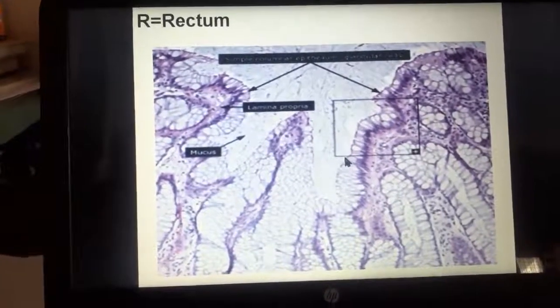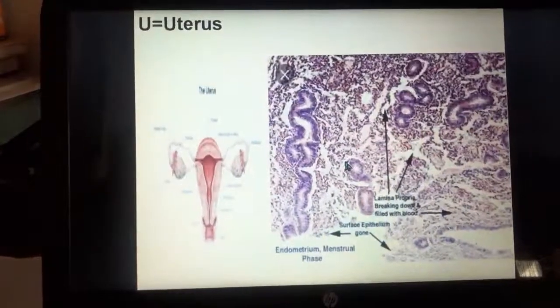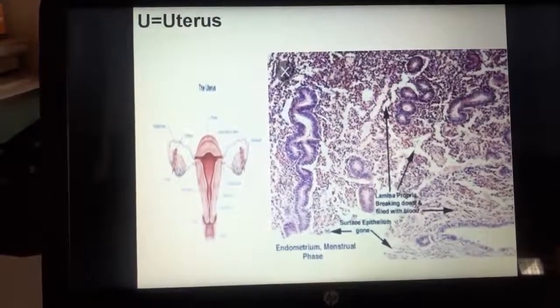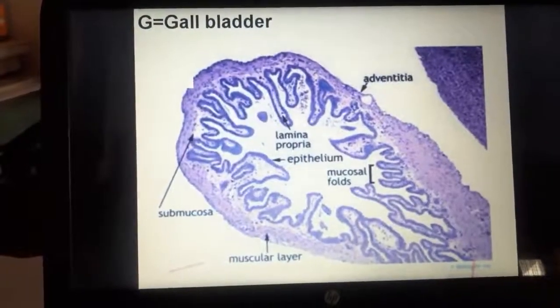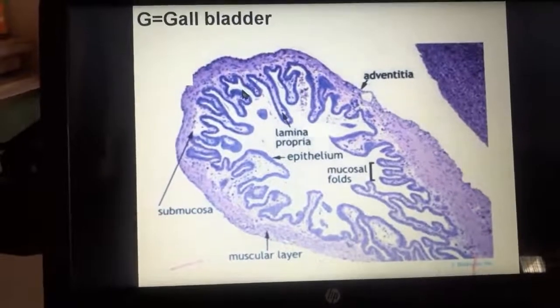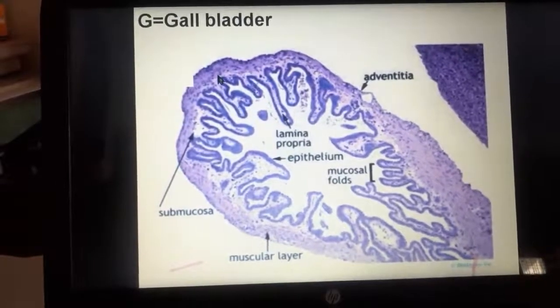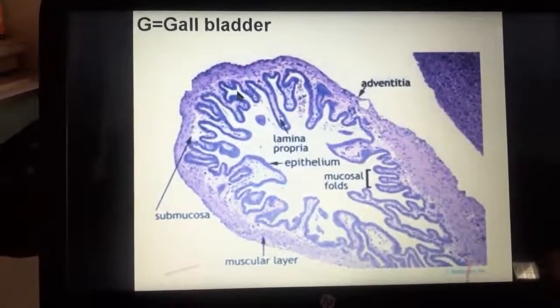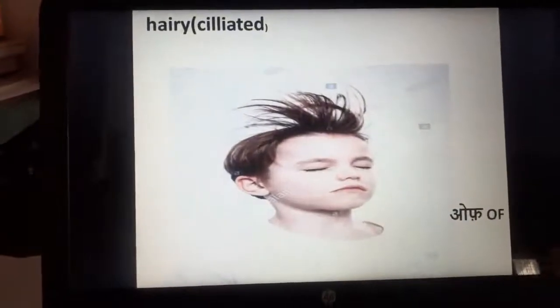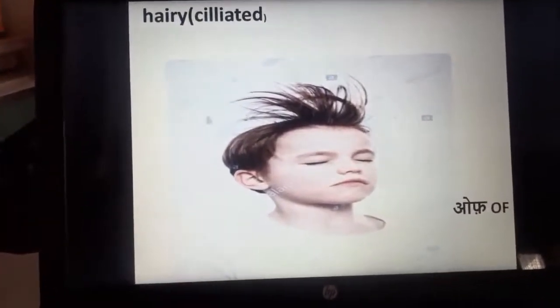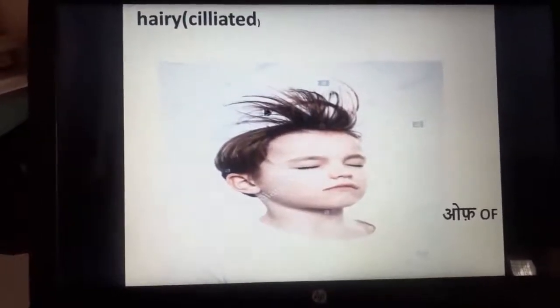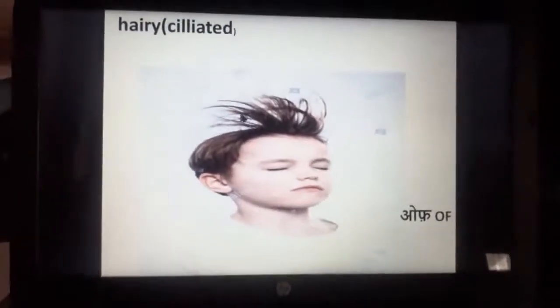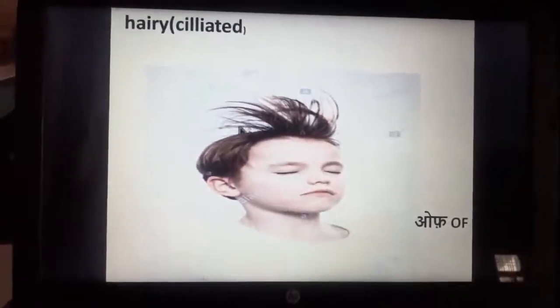U for uterus and G for gallbladder. These are all simple columnar epithelium. Sir UG. And the second one, the hairy or ciliated type of simple columnar epithelium. This hairy one looks like zulf, and suddenly the word OF comes to mind.